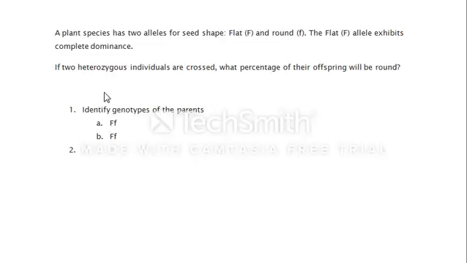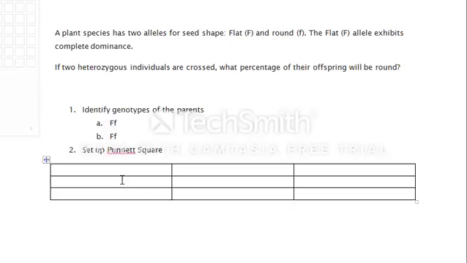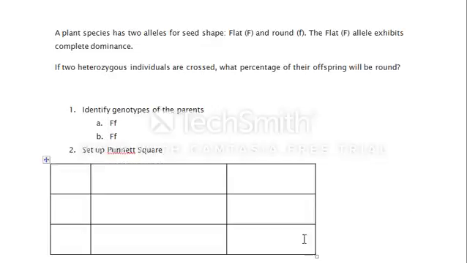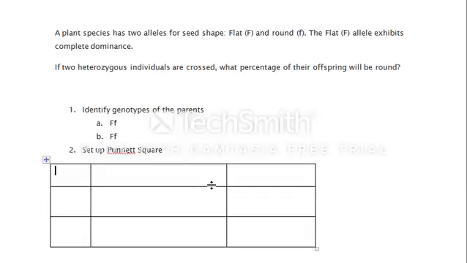The next step that we need to do is then use those genotypes to set up a Punnett square. And then we will fill in this Punnett square in order to find the genotypes of the offspring. So we're going to go ahead and create this here really quickly. And now that we have the parent's genotype, we can input those.